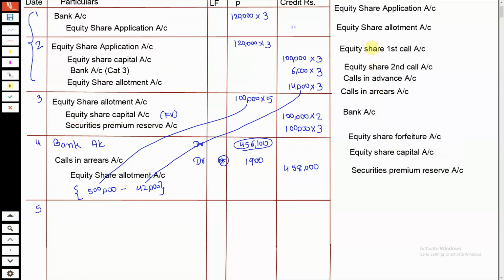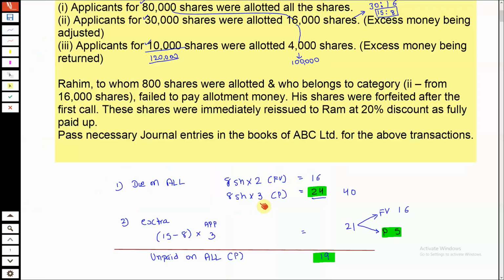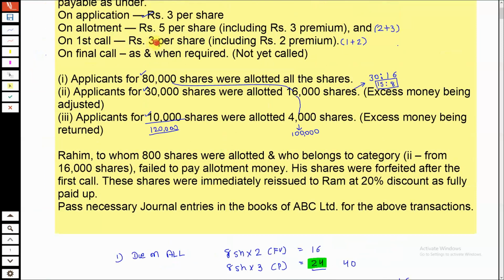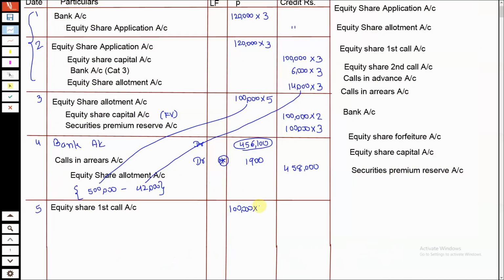So I will debit equity share first call account with the amount on 1 lakh shares and total on first call 3 rupees was receivable, 1 face value, 2 premium.